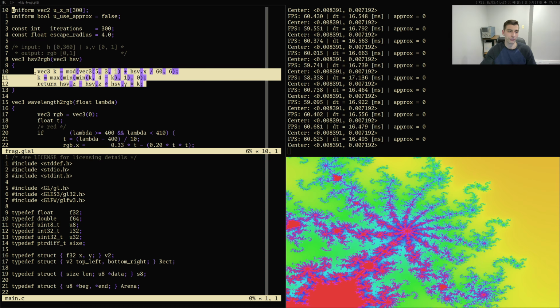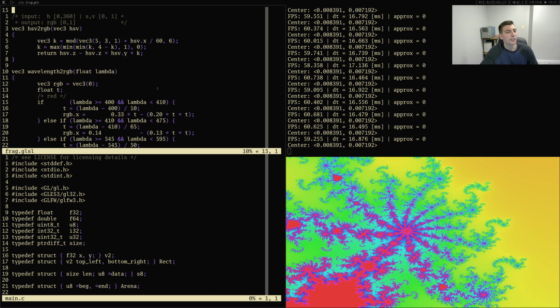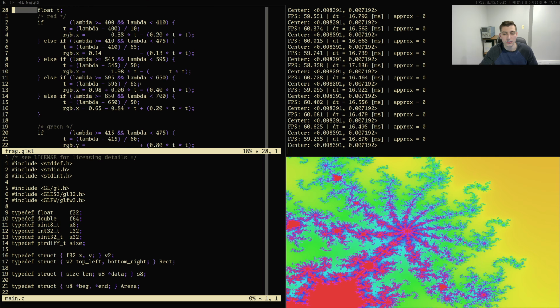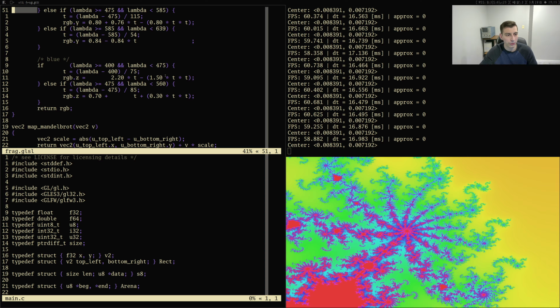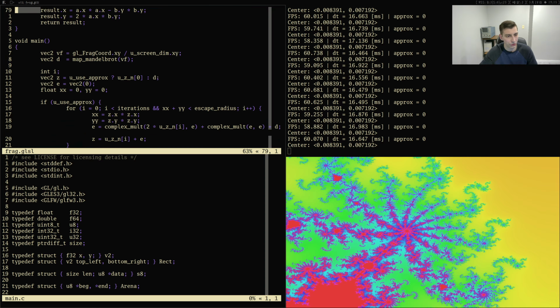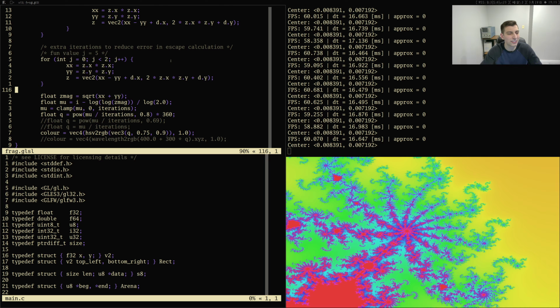I don't know if it's faster, but it's definitely shorter. And yeah, so you can now do HSV, rainbow, acid trip, whatever colors you want.